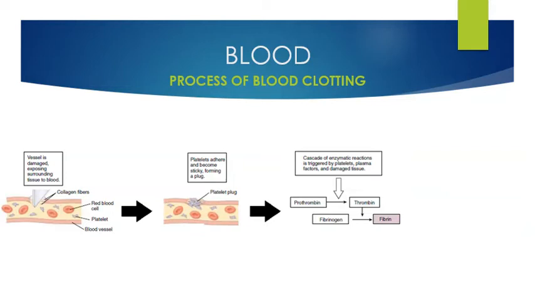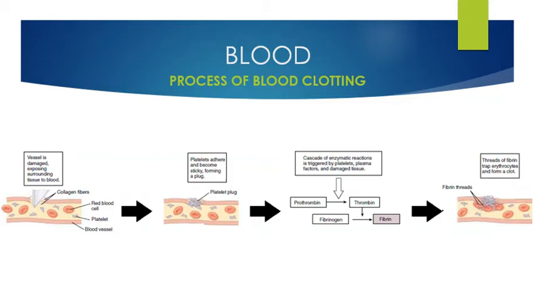Prothrombin being changed to thrombin, then thrombin being used to change fibrinogen to fibrin. After that, we find out that the threads of fibrin block the blood from coming out. And simply that's how the process of blood clotting takes place.